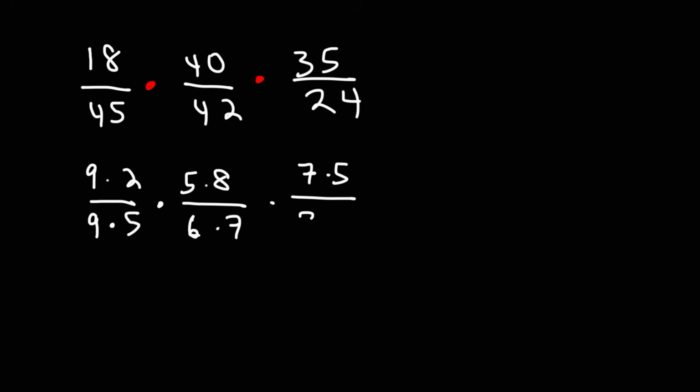And 24 has an 8 in it, so we can write that as 8 times 3. We can cancel an 8. We can cancel a 7. We could cancel a 5. Let's put that in a different color. And we can cancel a 9.